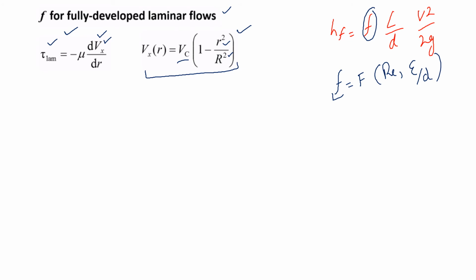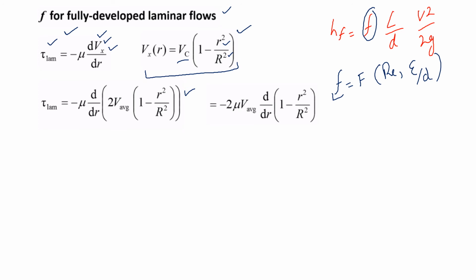We will put this equation right here, and then we will take the derivative with respect to r. That's how this equation will look once we put it here, and after taking the derivative we will get this equation, and then it will further simplify into this.